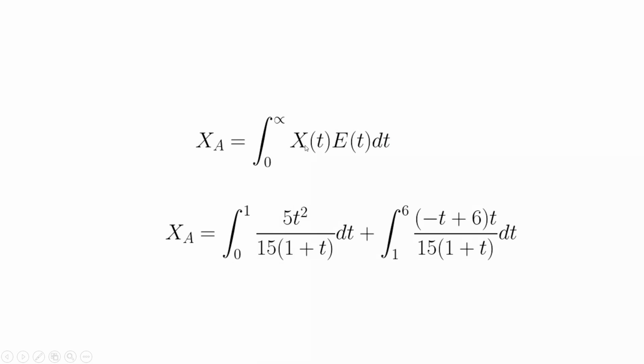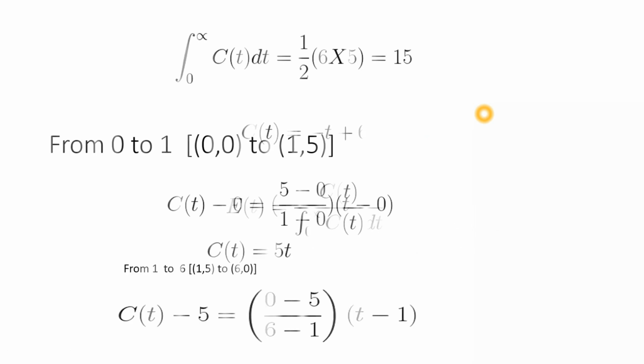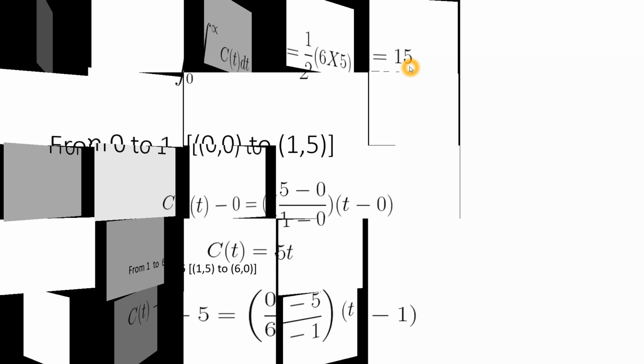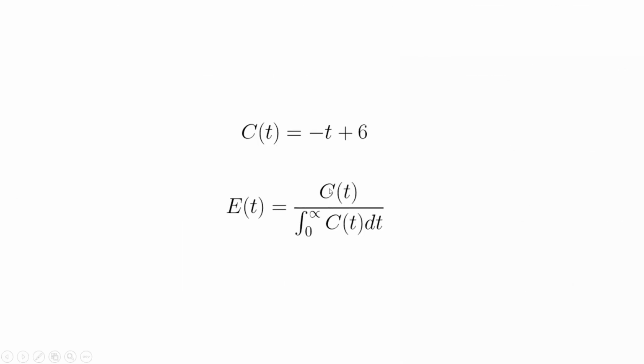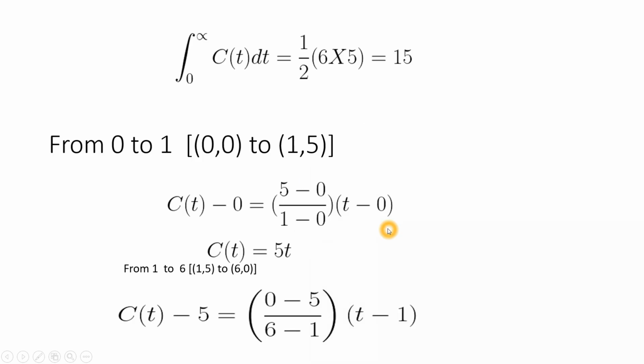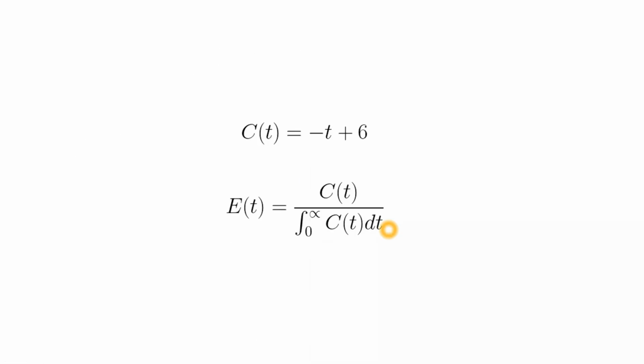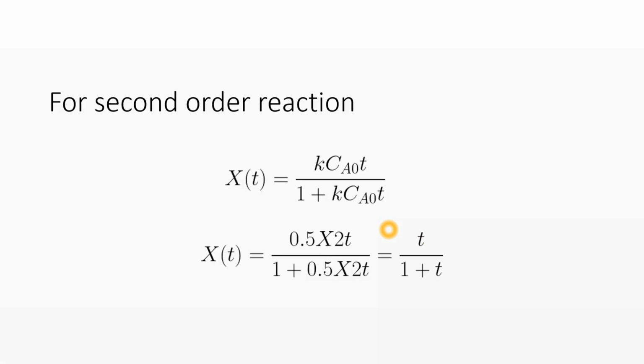Xt is t upon 1 plus t. What will be Et? The integral of Ct dt is 15, and Et is Ct upon that, and Ct for the 0 to 1 limit is 5t.